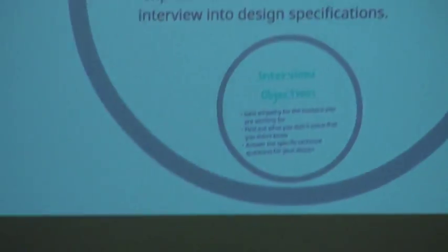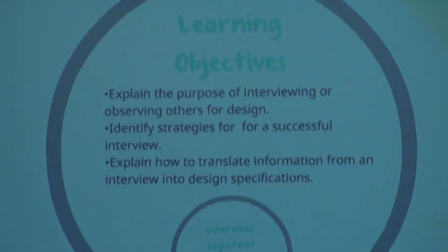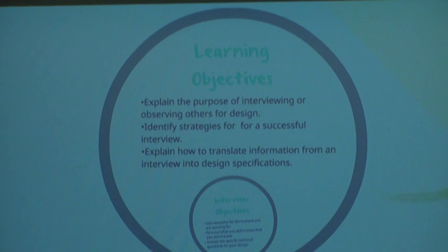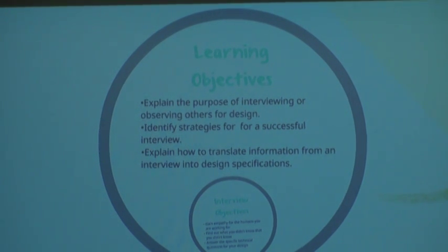So the learning objectives today: one is to understand what the purpose of an interview is. Why would you want to interview somebody and talk about your project within the context of a design project? What are some strategies that you can use when you go to do an interview? Most of you have a community partner that your team partners with, and you're going to want to go out and talk with them.